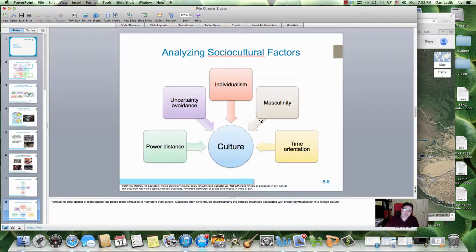There are some countries that are masculine dominant, purely masculine dominant, and the language, the laws, the government, it is a masculine dominant nation. Some of the Middle Eastern nations come to mind.